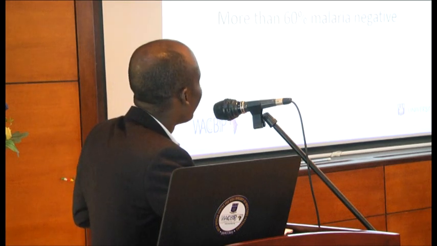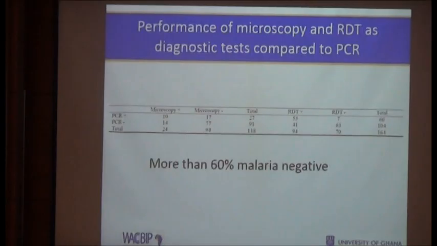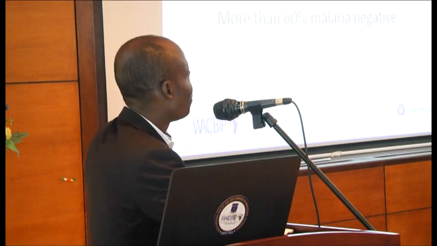So you can see we are either telling somebody he has malaria when they don't have it, or we are saying it's negative when it's positive. For the RDT, those that were positive were 94, but only 53 of them were positive by PCR. And of those that were negative, we found 7 to be positive as well.